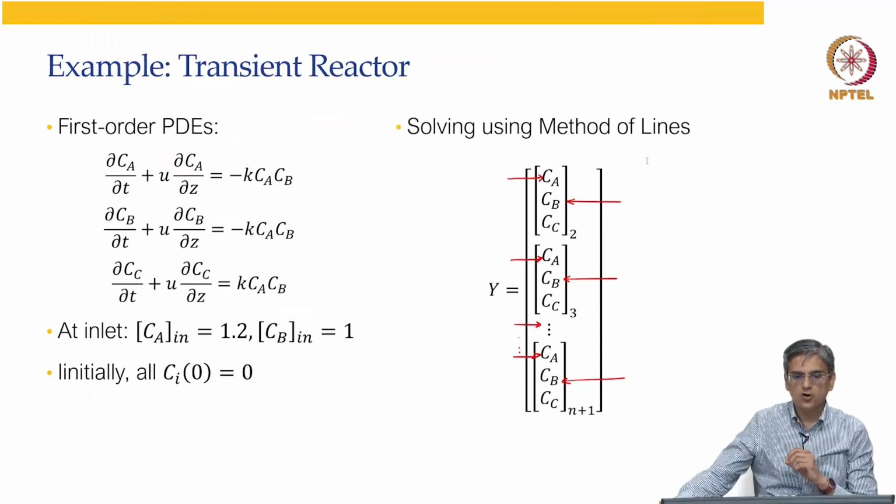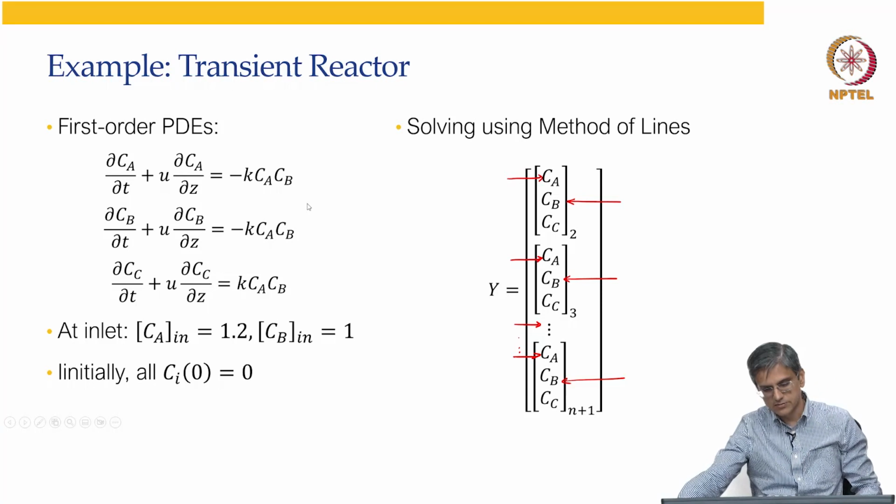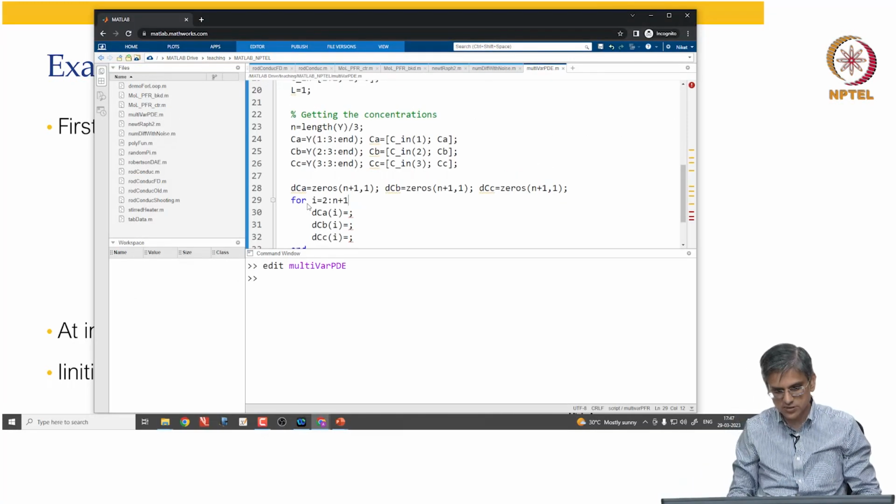The common calculation is K multiplied by Ca multiplied by Cb. That is the rate of reaction. So we will say R is going to be equal to K multiplied by Cai multiplied by Cbi.